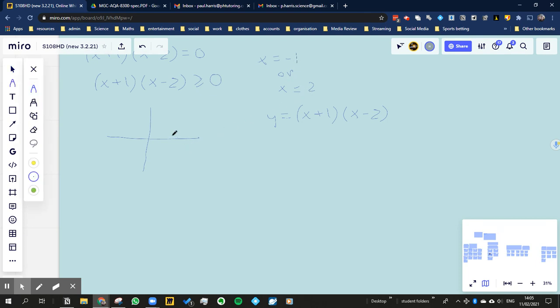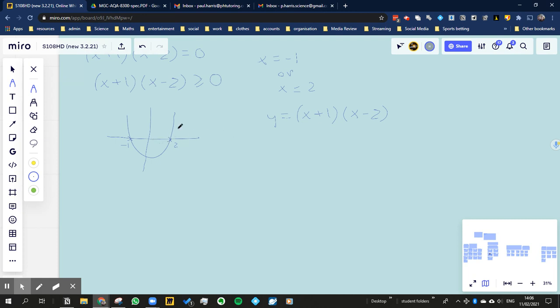The point on the graph where y equals 0 is the x-axis. So when you plot a graph, if you were to get a curve like this, it's going to intersect the x-axis at this point where this would be 2 and this would be minus 1. So that is the graph of y equals all of that.